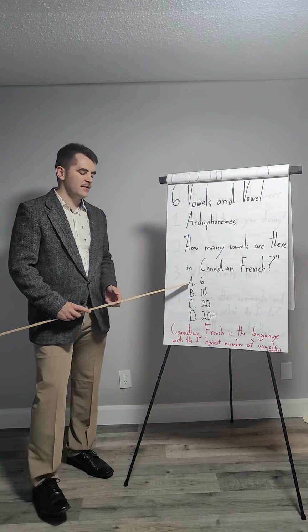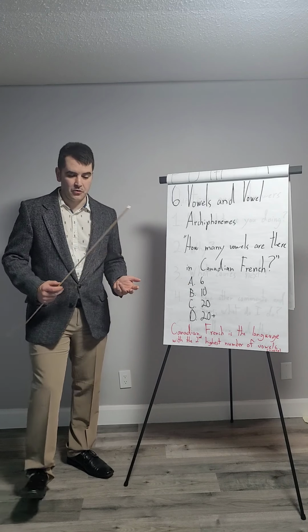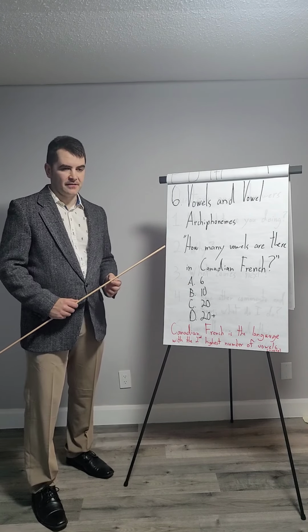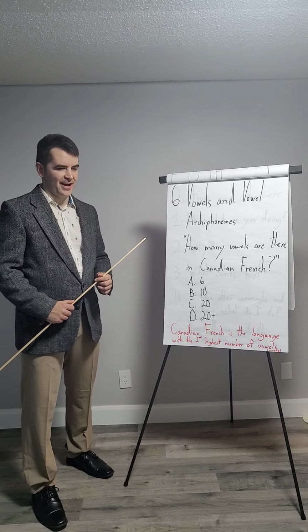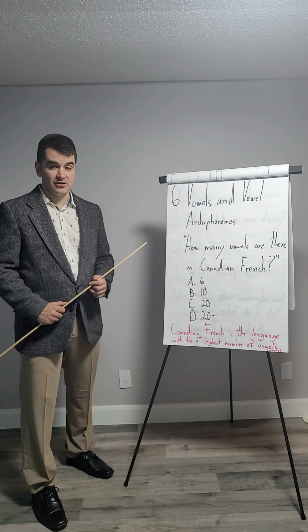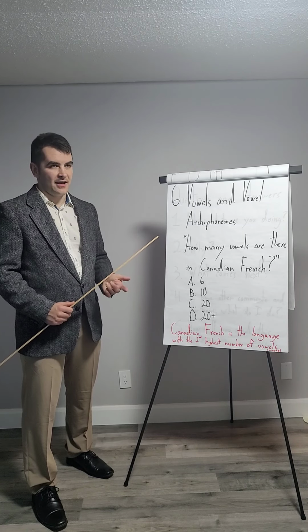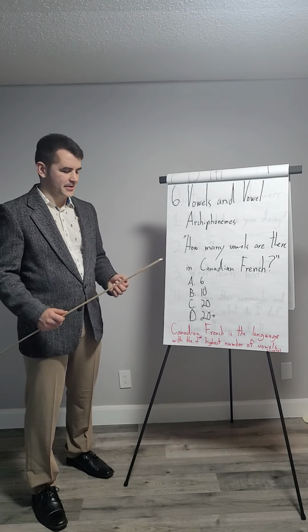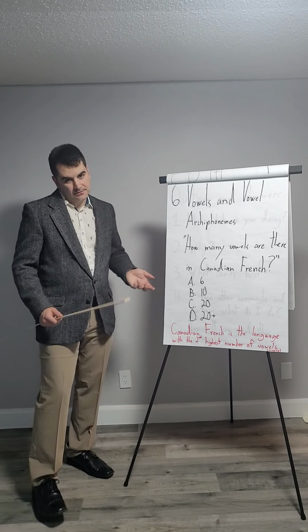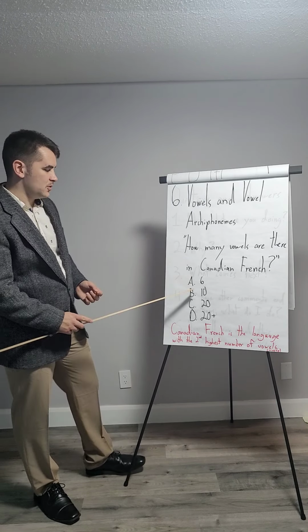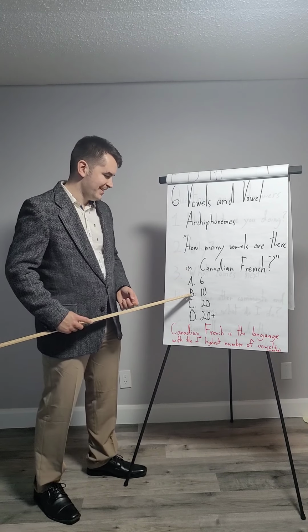So A is more from the grammarian's point of view, where there are basically 5 standard vowels in French, like in English, and sometimes Y, so that's A, E, I, O, U, and sometimes Y. And you can make a case for that.